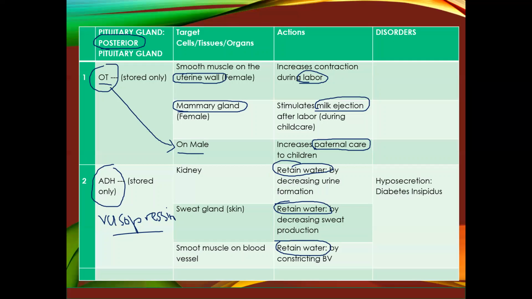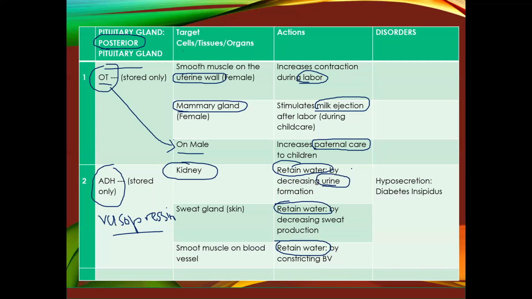Now, we know the one that releases water, for example urine, is the kidney. So the kidney will be the first target for the ADH. When we produce ADH, then we will control our urination. So it controls the urine production.